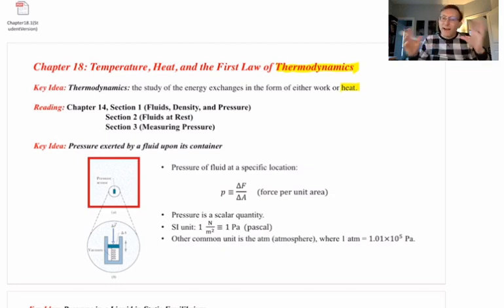Now that'll have to be unpacked, and we'll have to explain what we mean by all that, but that will be our second process for exchanging energy between a system and its environment. We'll call it heat. It arises because of a temperature difference between a system and its environment.